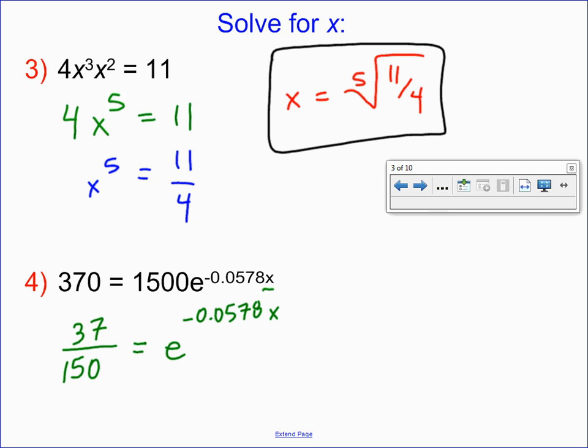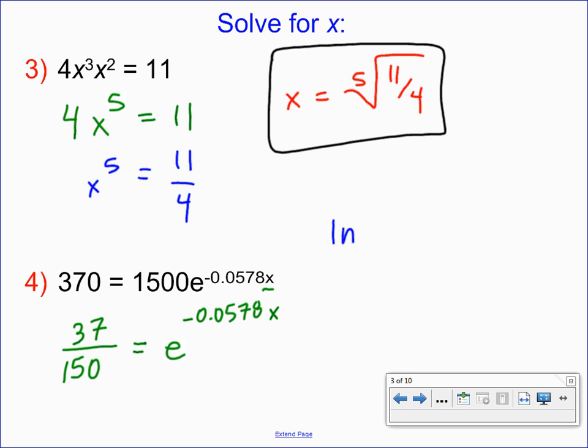How do we get that variable down out of the exponent? Natural log, maybe. So we can take the natural log or any log on both sides, but when we're working with base e, it makes sense to take the natural log on both sides. Then the natural log of e to the something is just the something.